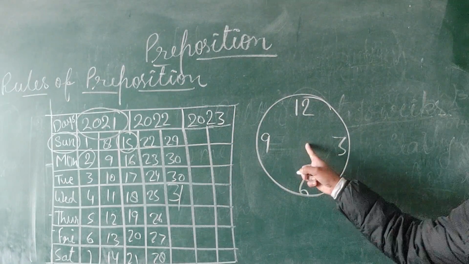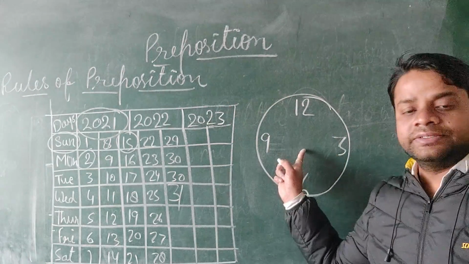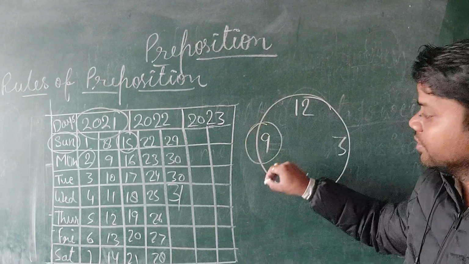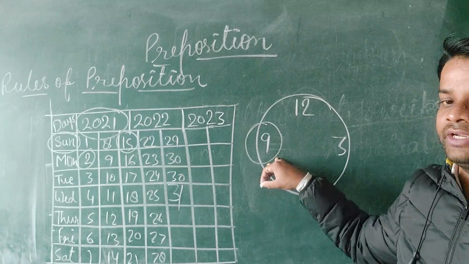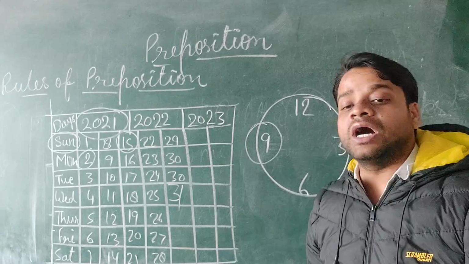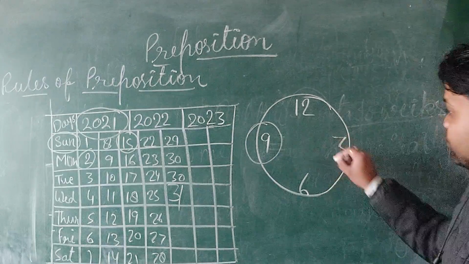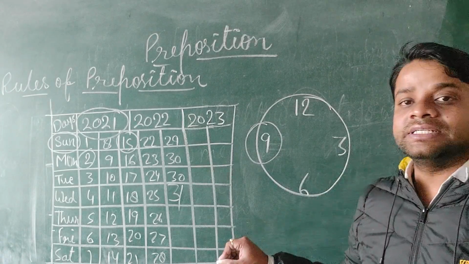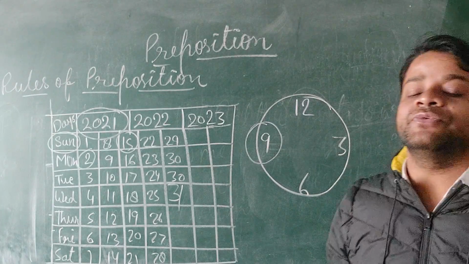Now coming to time. If we talk about 9 o'clock, it is sure that we are talking about a particular time, so there we will use since. But if I say for 2 hours, which 2 hours are we talking about? There are 12 hours in a day and 12 in the night, a total of 24 hours.